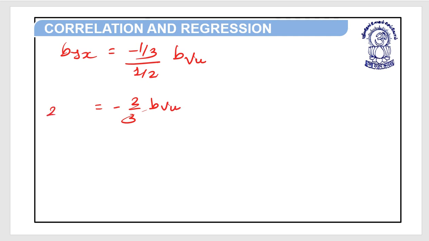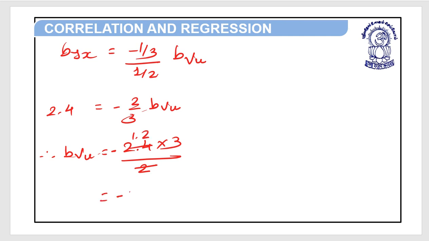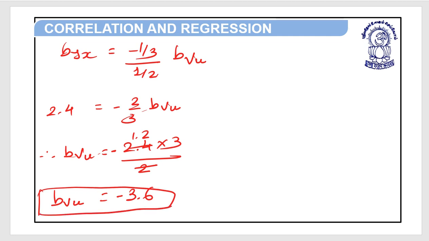Byx is given 2.4, so bvu is equal to 2.4 into 3 by minus 2, that is 1.2 into 3, which is minus 3.6. So bvu is equal to minus 3.6.